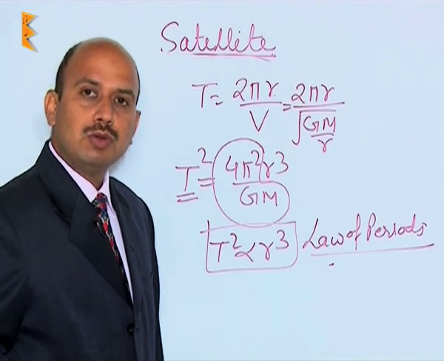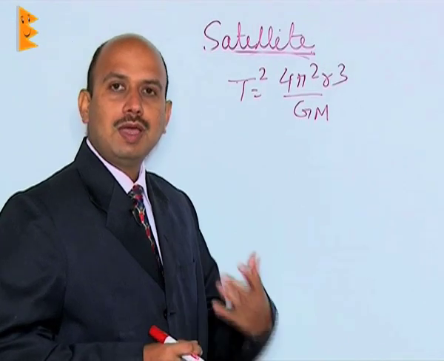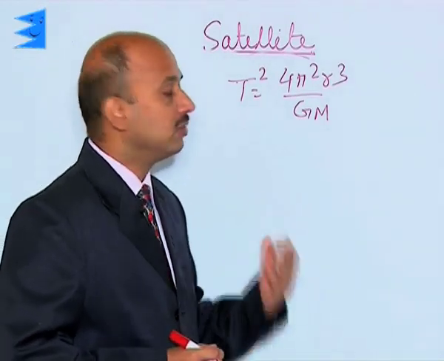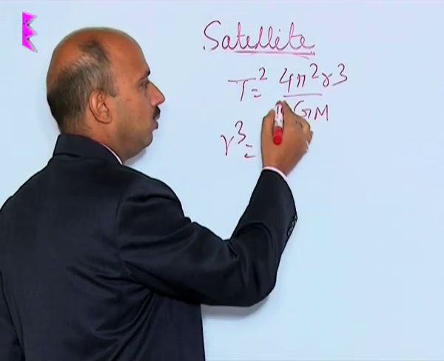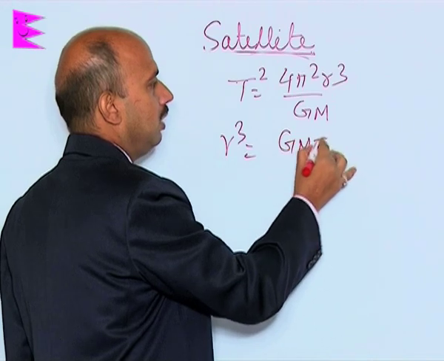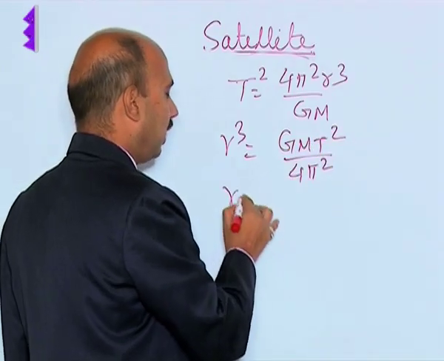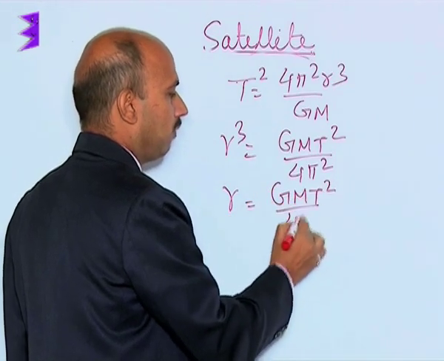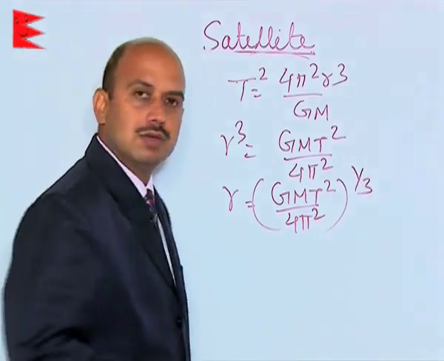Now we can also get the expression for the height of the satellite. We have derived the formula for the time period, so we can calculate the expression for height also. We can write r cube is equal to GMT square upon 4 pi square, and we can write r is equal to GMT square upon 4 pi square raised to power 1 by 3.